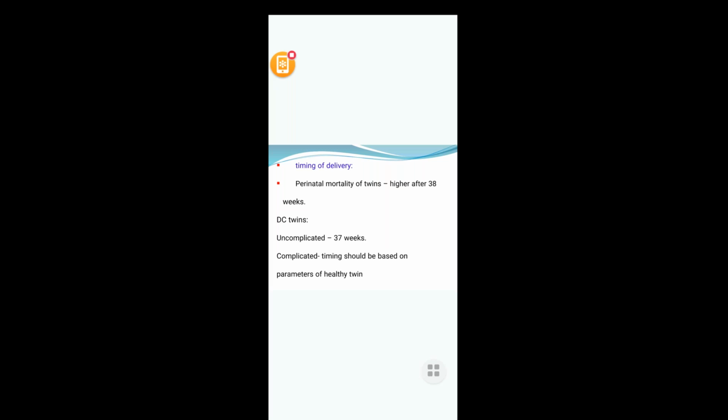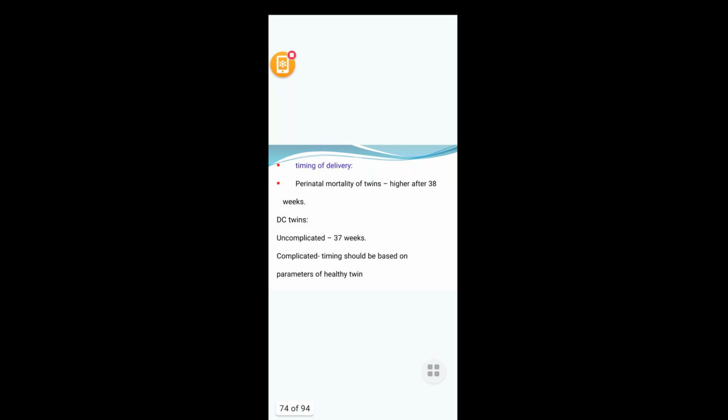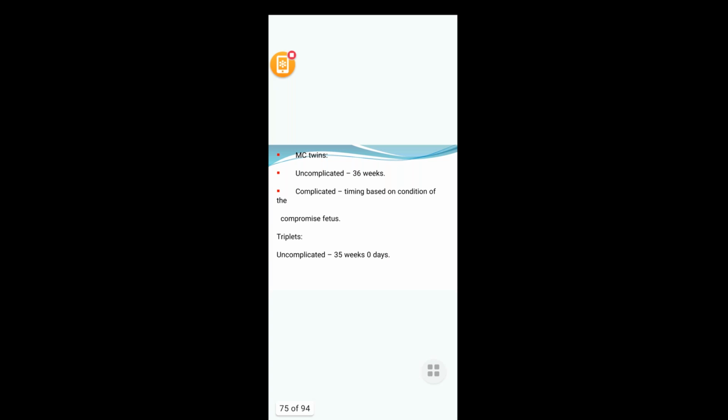In dichorionic twins, if it is uncomplicated twins, you can wait till 37 completed weeks. In a complicated twin, timing should be based on the parameters of the healthy twin. Usually they say if it is a dichorionic twin and uncomplicated, wait till 37 completed weeks.